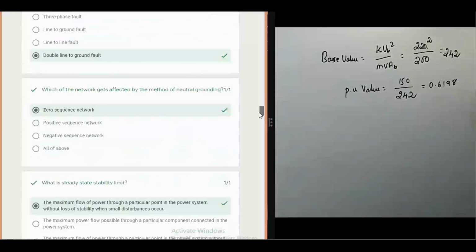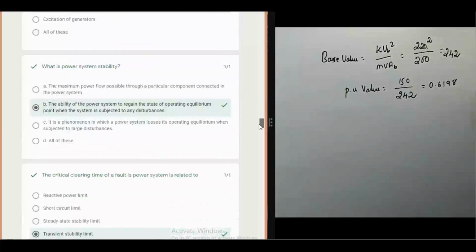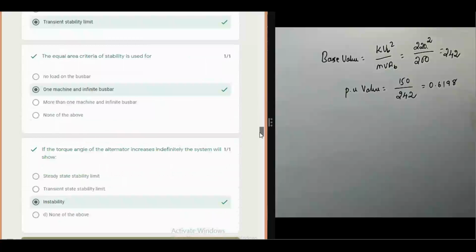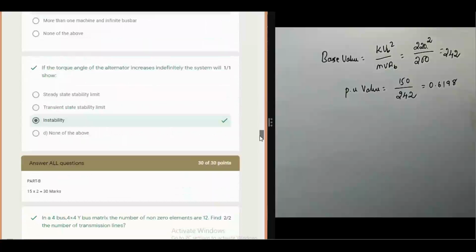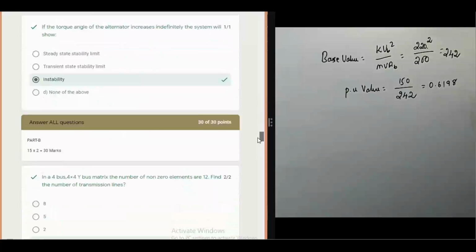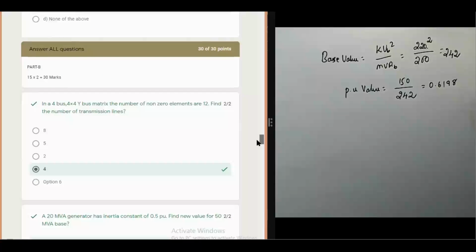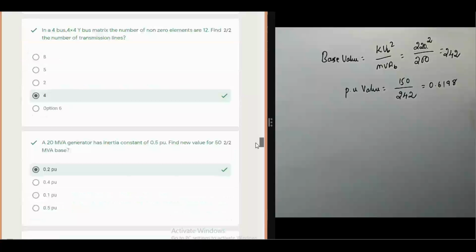All the questions answered are correct. This is the way the online exam is. The part A questions are very simple. Directly you answer the questions. For the part B questions, just apply the formula by using the calculator or in-mind calculations to calculate the answer.